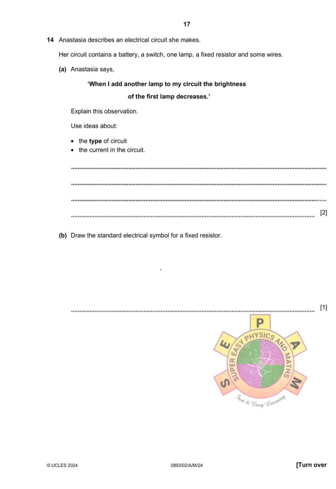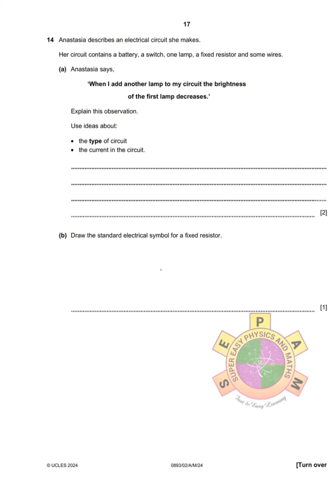Question 14. Anastasia describes an electrical circuit she makes. Her circuit contains a battery, a switch, one lamp, a fixed resistor, and some wires. Anastasia says that when she adds another lamp to her circuit, the brightness of the bulbs decreases. So in a circuit where the brightness decreases, that means she has connected all the components in series.